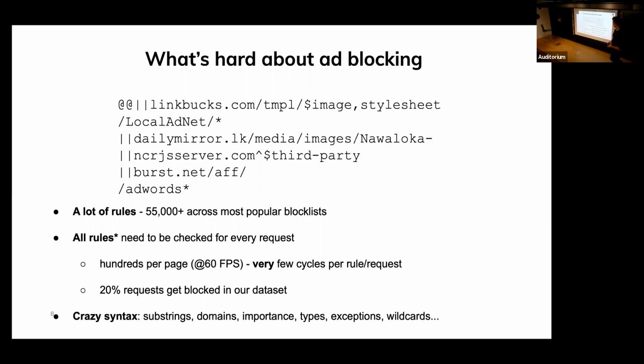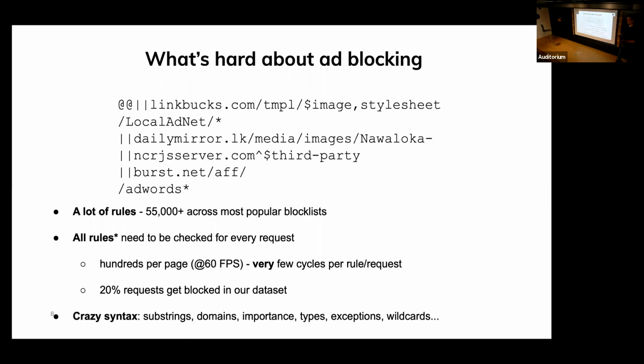And what doesn't make it any easier is, of course, that this syntax is a bit crazy. You have substring matching, you have subdomains. So this, for example, says that linkbucks.com needs to match when that's part of this URL. You have importance, so if a rule is matched as important, you bail after the match, as soon as you match that, and nothing else matters. You have types: is that an image request type? Is it a script request type?